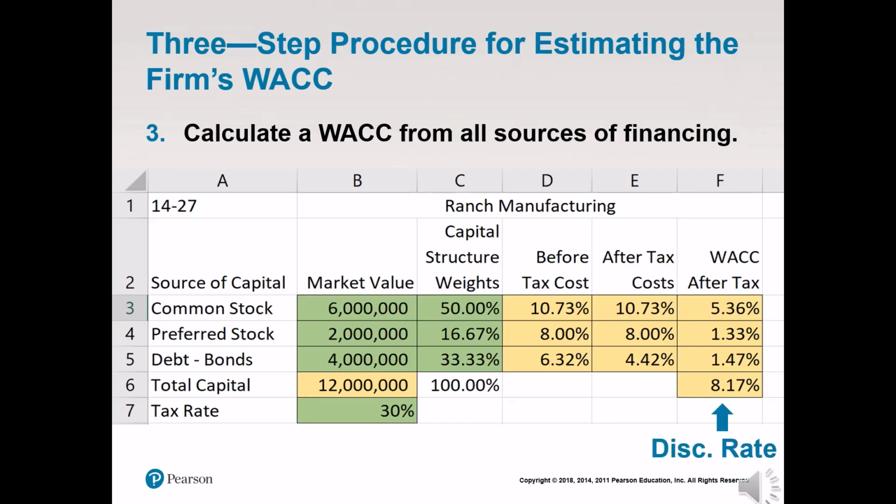Take just a minute to think about what this means. When we look at future cash flows and we discount those cash flows back to a present value using a discount rate, what we are trying to do is to have a rate that covers all of our weighted average cost of capital. That means we want to make sure that our future cash flow can pay for our cost of capital, for our common stock, our preferred stock, and our coupon payments for our bonds.